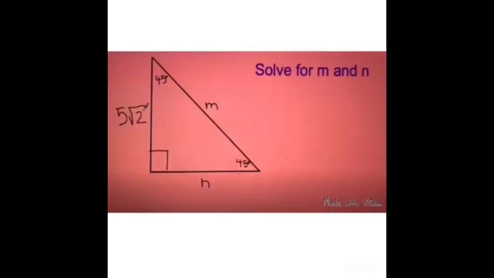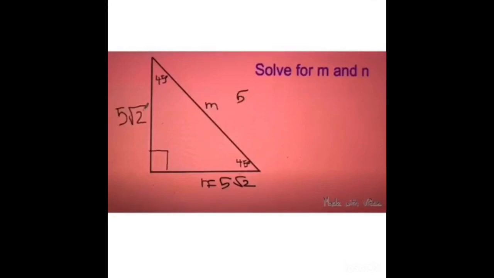Okay, so in the last example, it's solve for m and n. The one across 45 is 5 square root of 2. Which means the other one across 45 is going to be 5 square root of 2. So m is just whatever the leg is times the square root of 2. So here we can substitute whatever the leg is times another square root of 2.